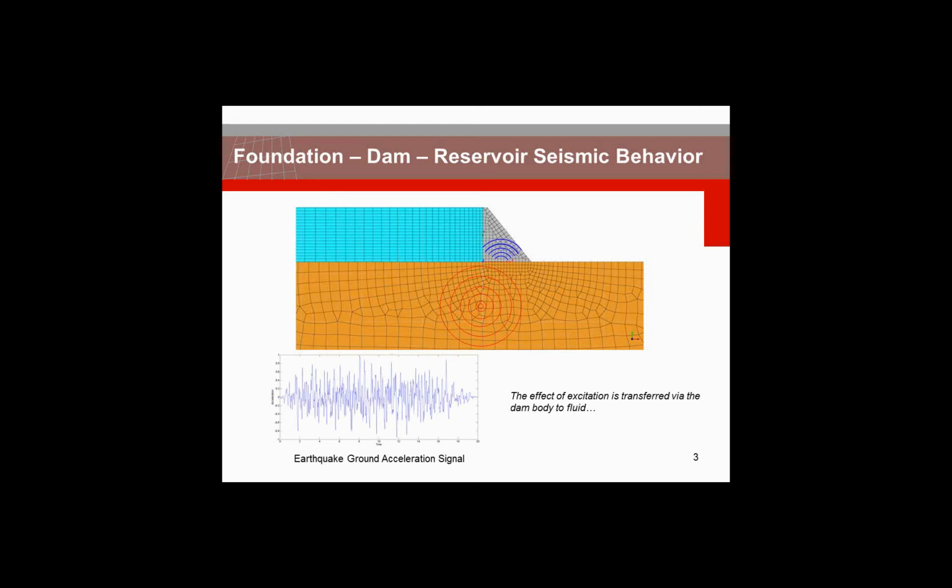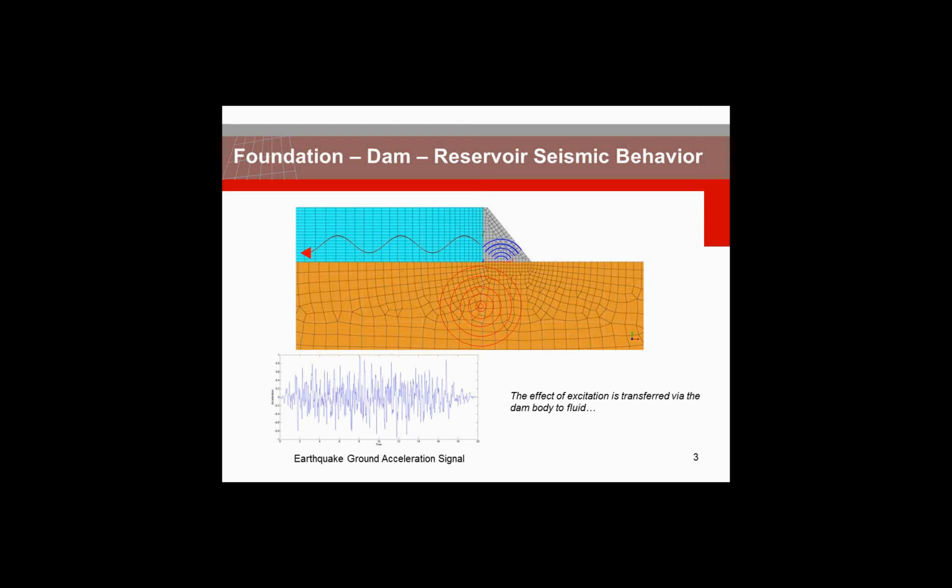When the dam vibrates, it generates waves in the fluid that is in contact with it. So the terrain transmits the vibration through propagating waves to the base of the structure.